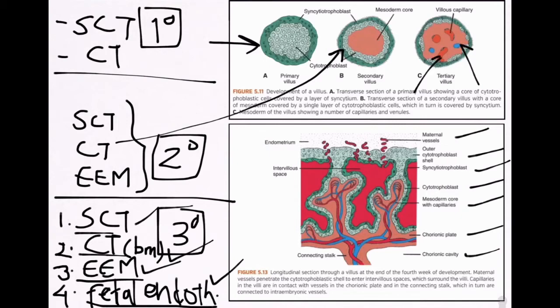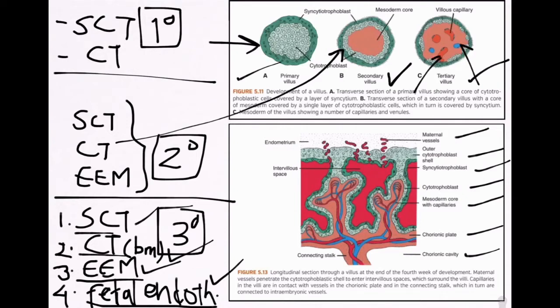Check it out. Now this upper diagram shows the primary villus, that is around 7 to 8 days. The secondary villus, that is around 12 days, where the extraembryonic mesoderm core has now arisen, and the 21st day where the fetal capillaries have started.